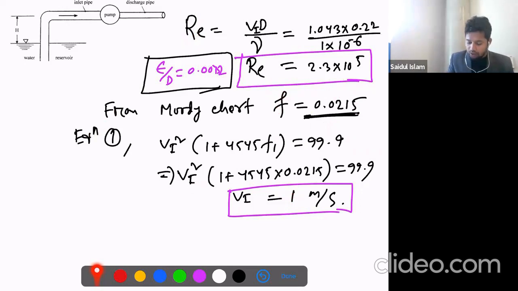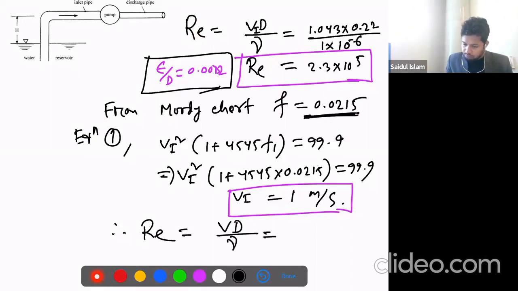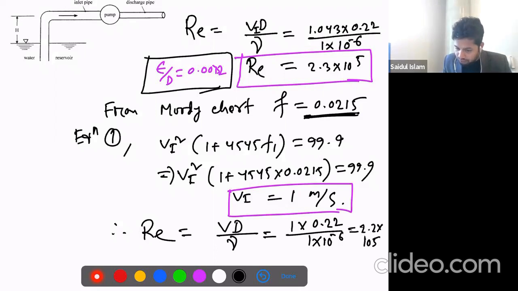Now I will calculate the Reynolds number again by using this velocity, V d over nu, which is 1 times 0.22 over 1 times 10 to the power minus 6. So we got 2.2 times 10 to the power 5.